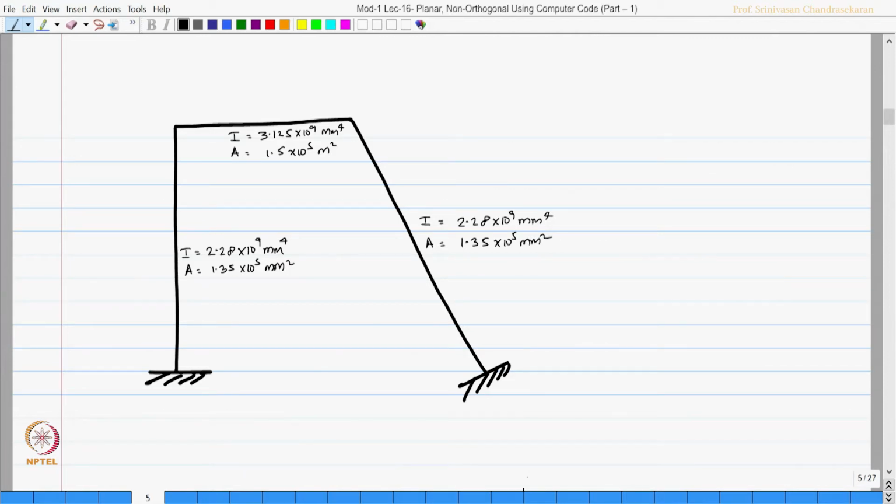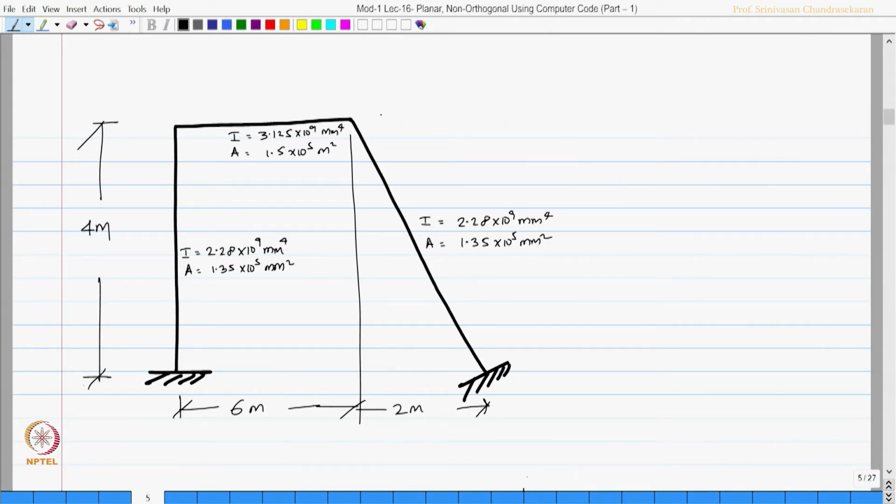Let us write down the dimensions of this system. This is 6 meters, this is 2 meters and the height of the structure is 4 meters. E is constant, same material, maybe steel, maybe concrete, does not matter.